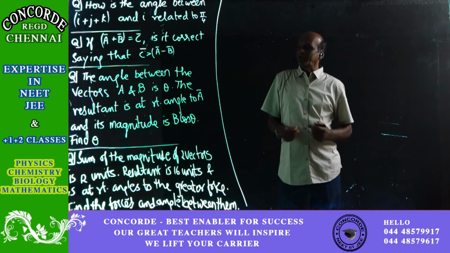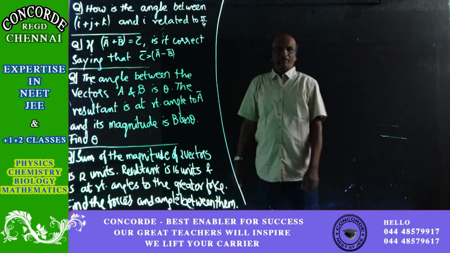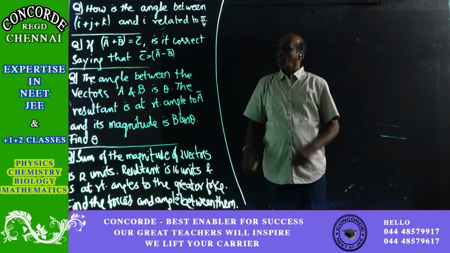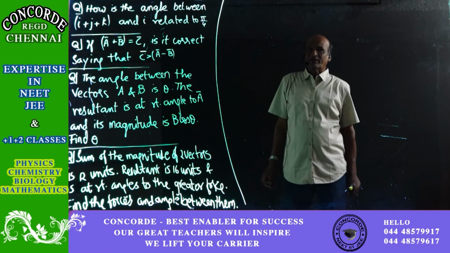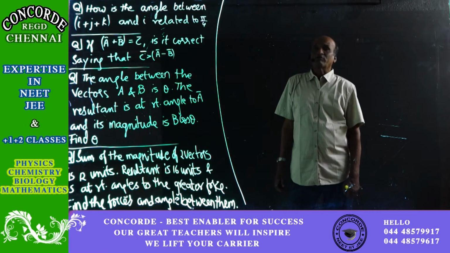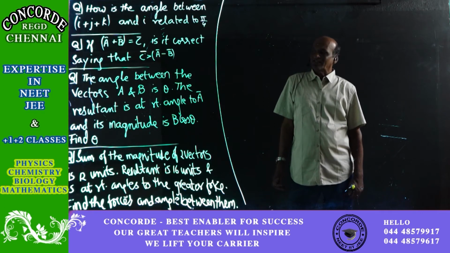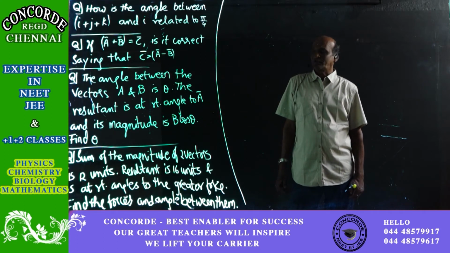And its magnitude is B cos theta. Next question, we have got the angle between the vectors A and B to be equal to theta. The resultant is at right angles to A bar and its magnitude is B cos theta.